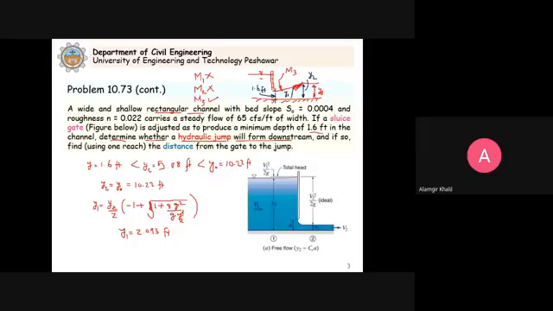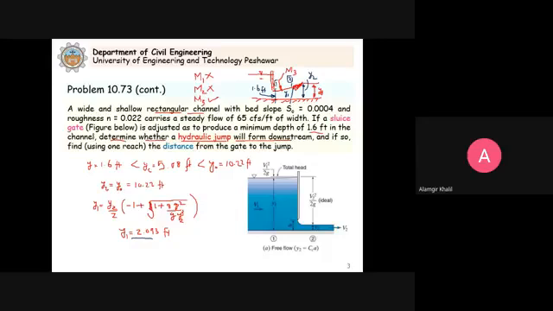And now from 1.6, it will go to 2.093. Y1 is at this point. Let's say this is section number 2, and this is section number 1.